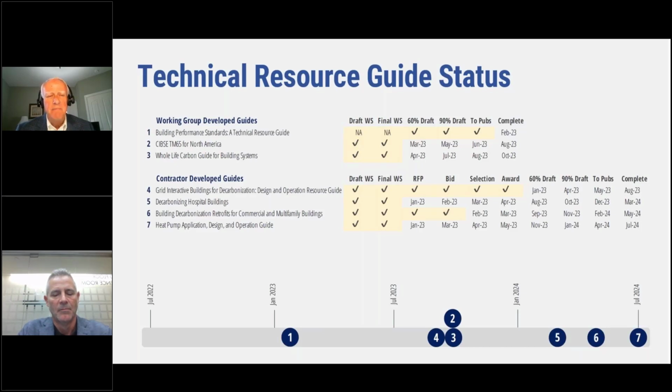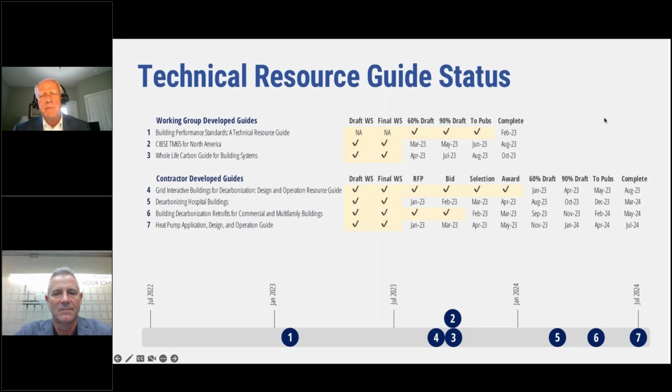And then finally, the heat pump application, and we expect that that one will be out in May of next year. Discussing the heat pump application design and operation guide, the work statement has been prepared on this. We see that the RFP will be coming out shortly, and this will be finalized in July of next year.